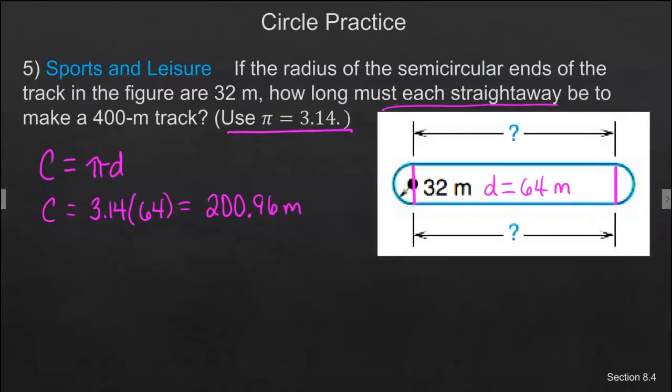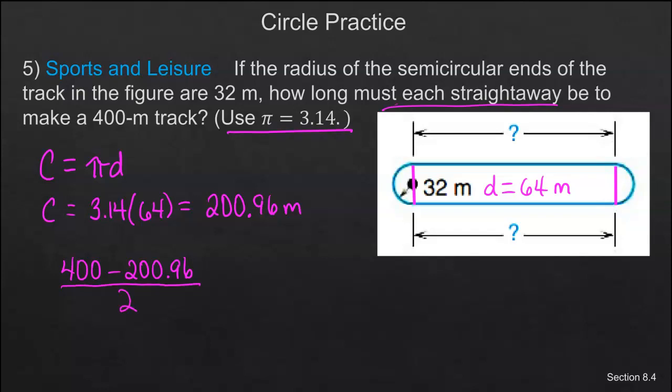All right, so we're going to take 400, subtract the 200.96, that's the length of the two ends. I don't think this is very well drawn to scale, but you know, most of them aren't. And then we're going to divide by 2.